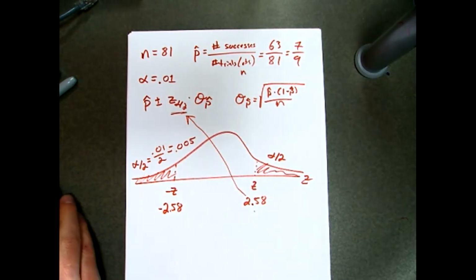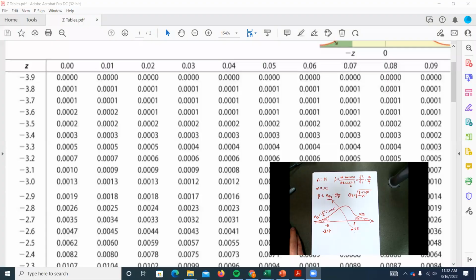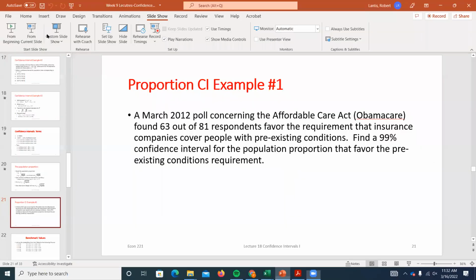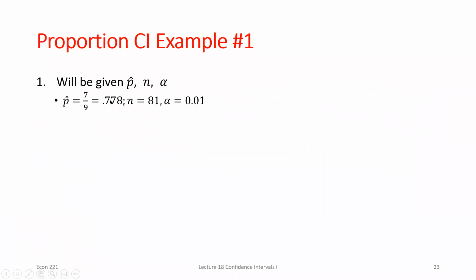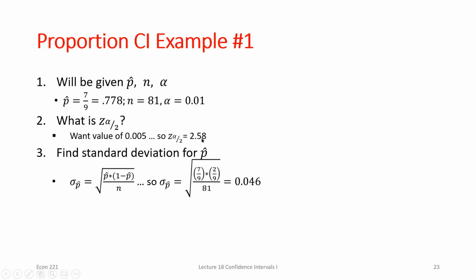If I go back to the slides here, I believe I've got this broken down. We identified the three pieces of information we needed. We looked up that Z value that gave us alpha over 2 on either side of our interval. Here I calculated the intermediate step. I plugged in that 7/9 as my sample proportion, 1 minus 7/9, and then divided by that sample size of 81.